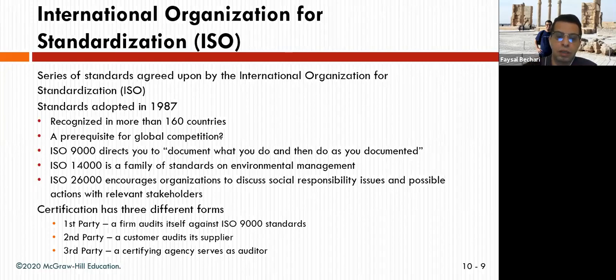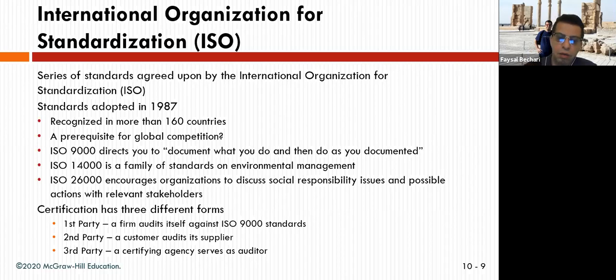Everybody is utilizing it. There are three ways, or three forms of certification. One, a firm can audit itself against ISO 9000, so you just go and dig in yourself and start the audit.